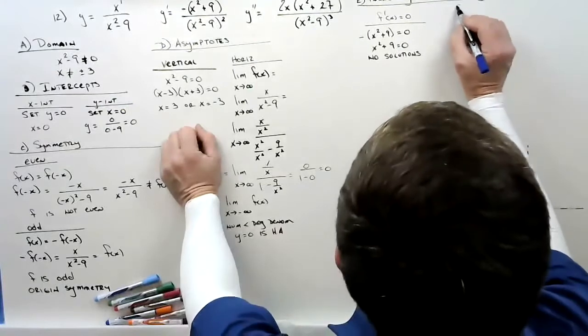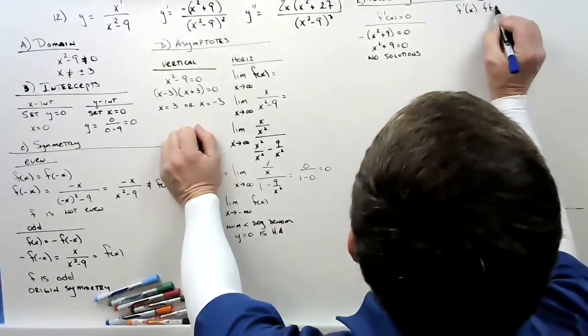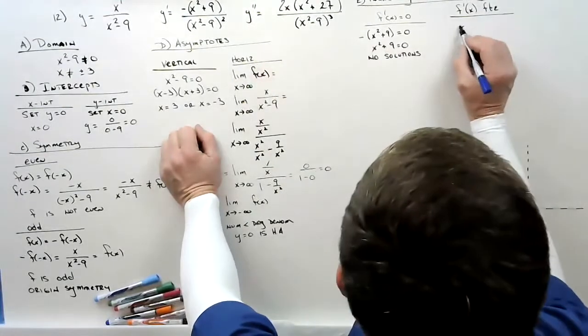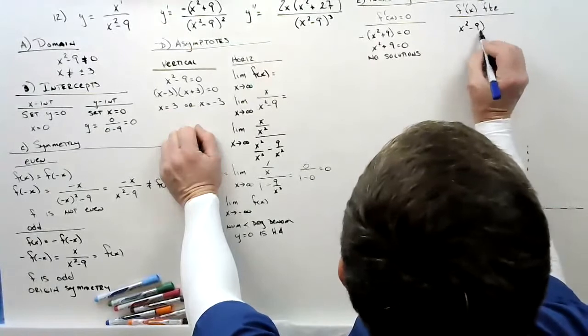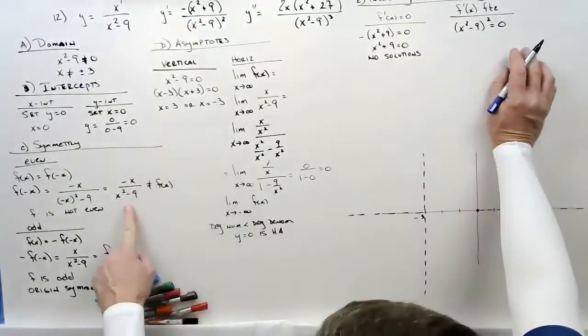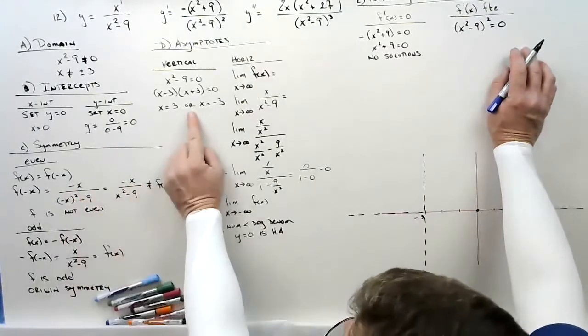Then we ask ourselves, when does the derivative fail to exist? Well, that's going to be when the denominator equals 0. And we already know when that equals 0. We solved that over here. Right here.